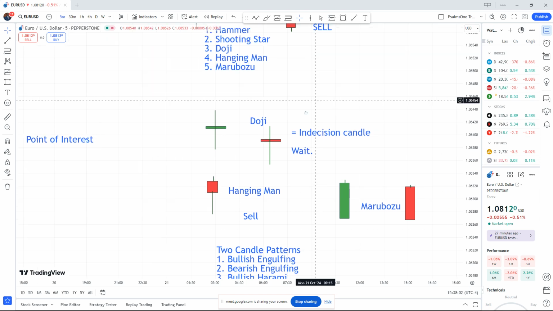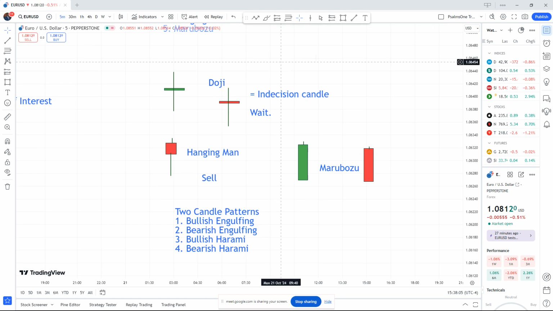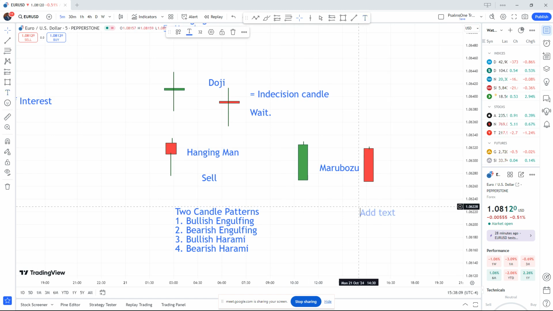So the meaning of Marubozu is that when the market opened here, there was nobody in the world that wanted to sell below the opening price. Nobody. So price did not come down at all. Everybody was buying and buying and buying.